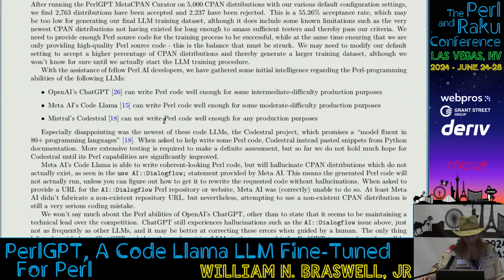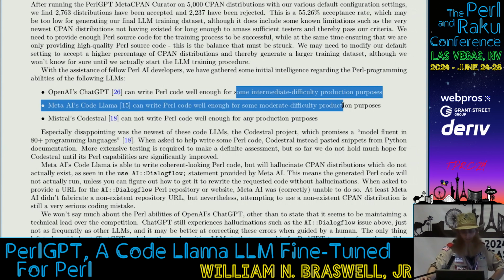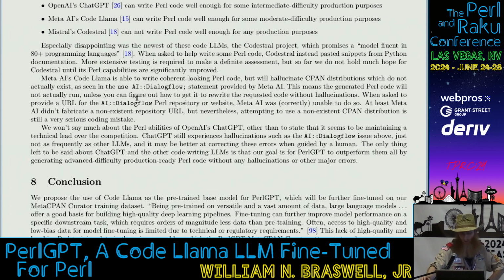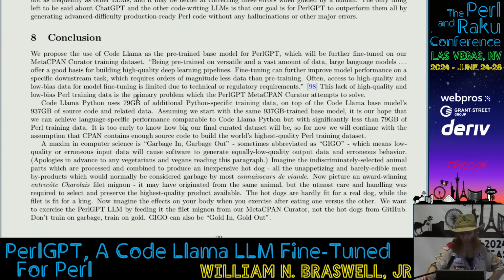So I will try and end by saying ChatGPT and Perl-Llama are very good, but they don't do Perl well enough for anything production really. And the final thought that I'm going to leave you with: garbage in, garbage out.